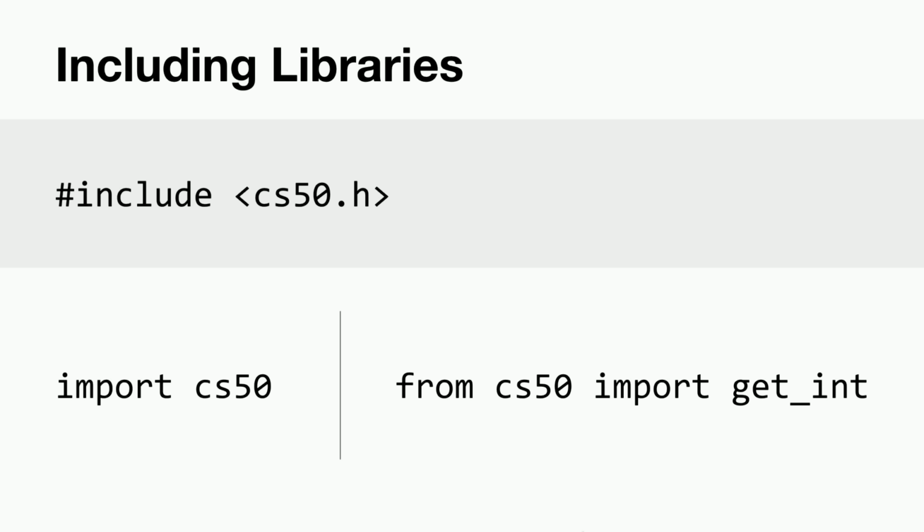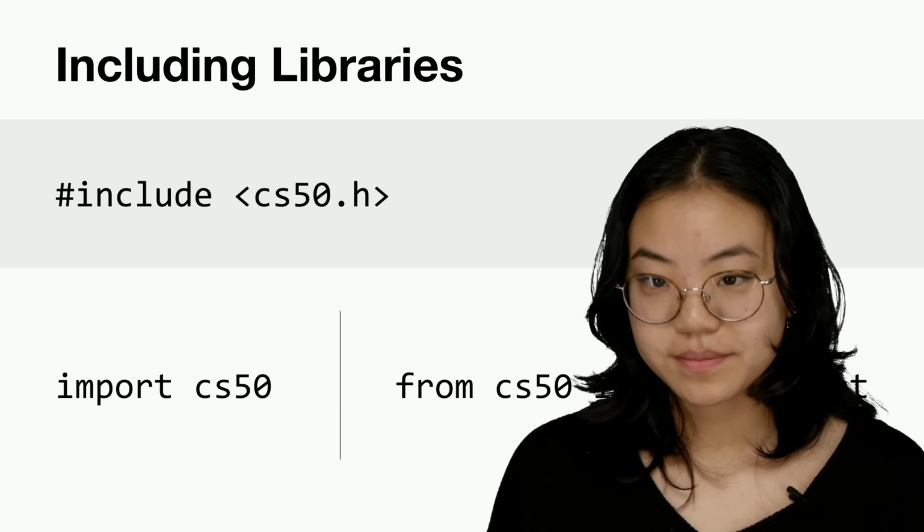You could just import cs50 itself, and when you do so, you would then have to specify, when you're using some sort of function, this dot notation, where you have cs50.get_int, and so that would be how you would call that function. Or if you know exactly what function you want to import, then you can use this syntax on the right here, from cs50 import get_int. So we'll see an example of this very soon.